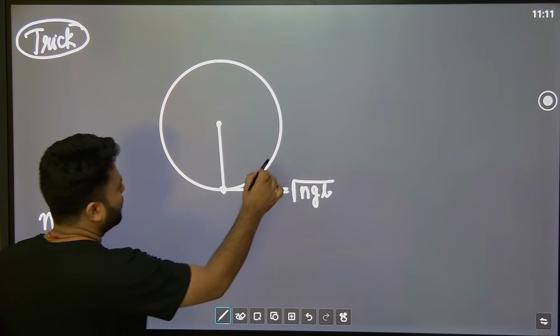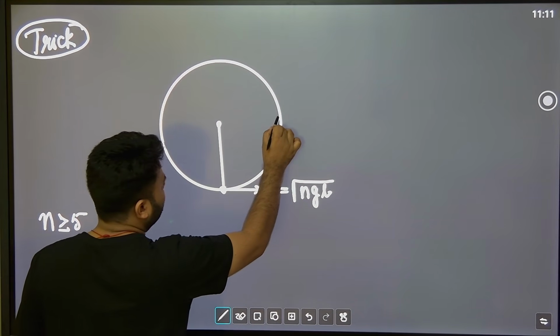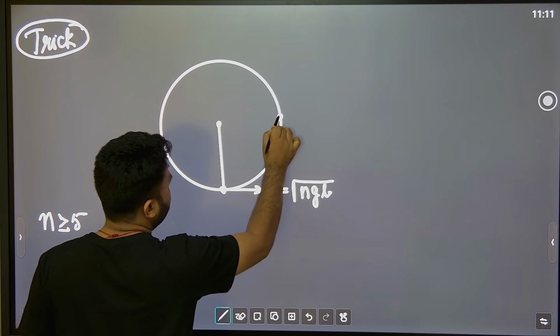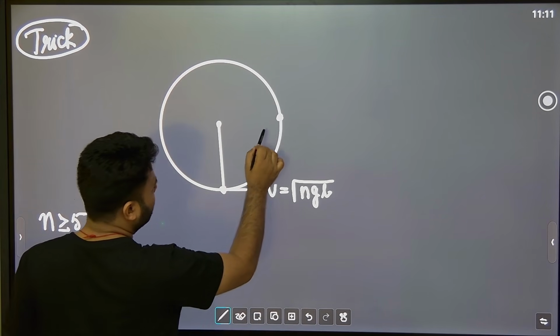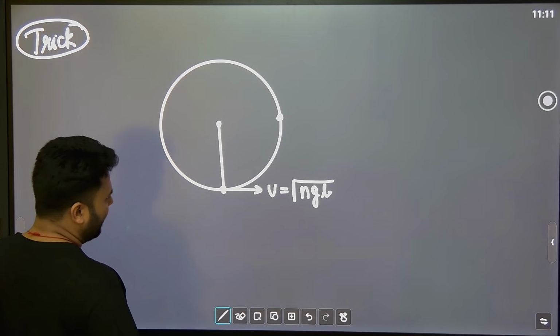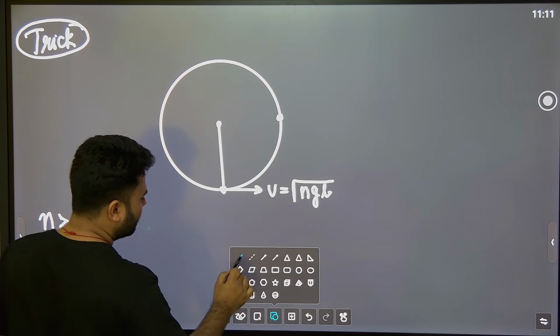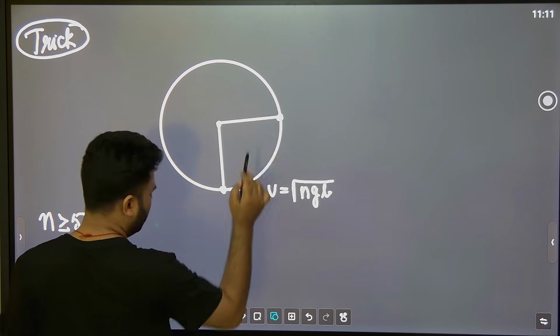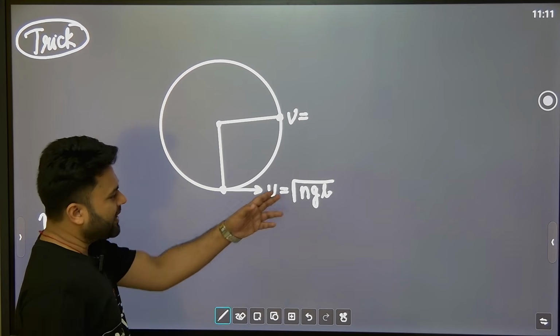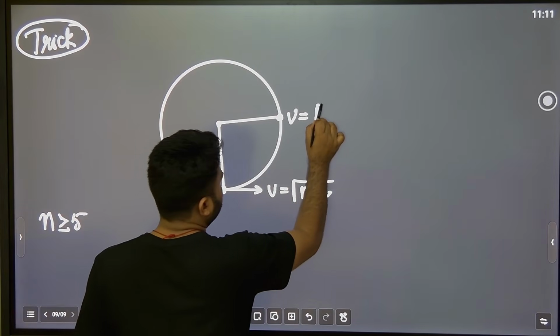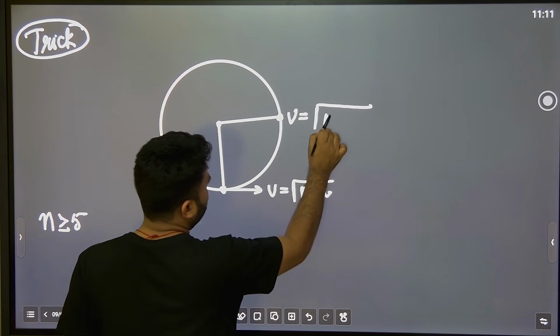So if they ask what is the speed value here, when the ball will reach here, what will be the speed value? You subtract 2. This is the trick: n minus 2.